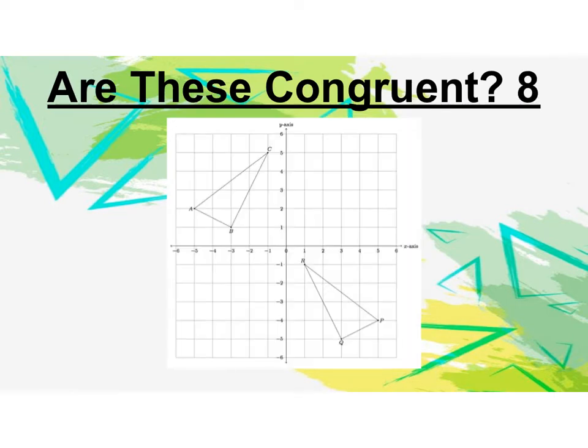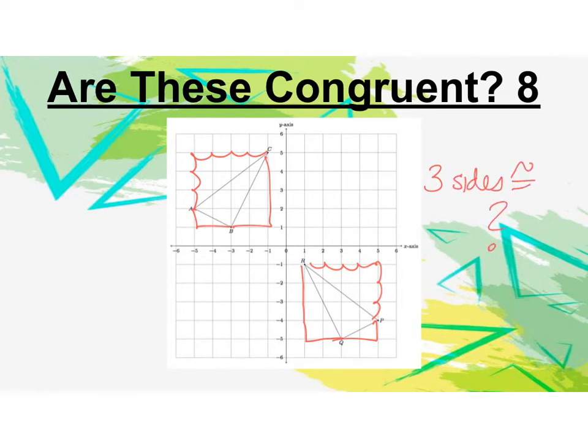And here we look, and I have 1 compared to 2, 1 compared to 2, and then 2, 4, and then this one is 1, 2, 3, over 1, 2, 3, 4. So another situation where we have all 3 pairs of sides congruent, but is that enough?